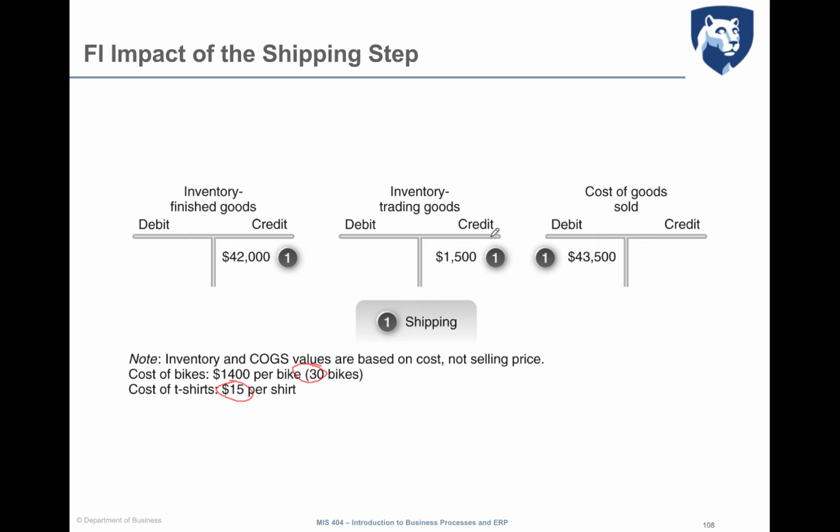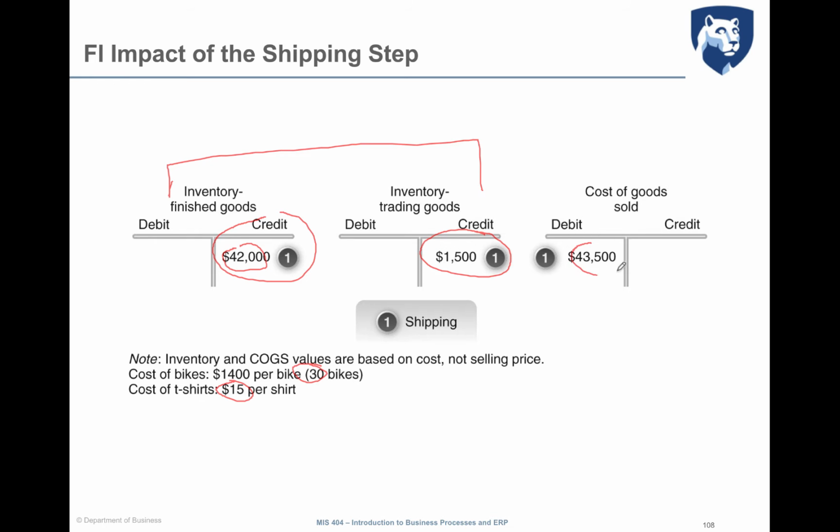So when you ship, something is leaving our facilities, because I am selling something to the customer. So I'm using inventory finished goods of bikes, and this is the value of the inventory, and I'm using inventory trading goods of t-shirts, and this is the value of the t-shirts. On my asset side, I'm reducing my inventory by this quantity because this is the value of the inventory I'm sending to the customer.